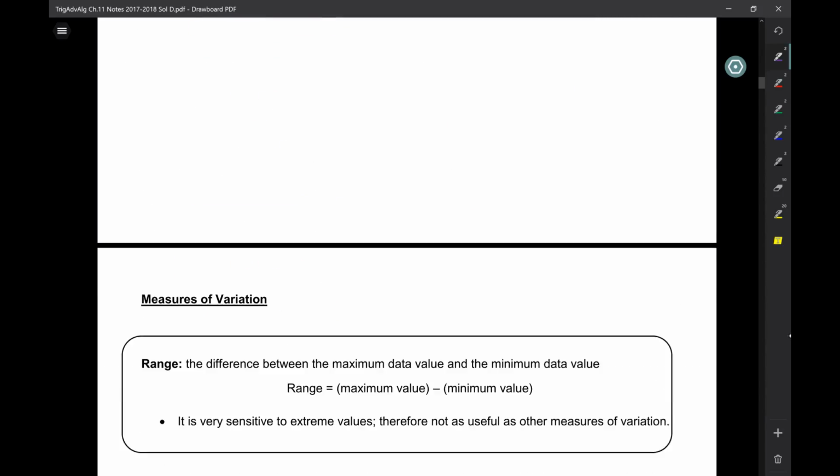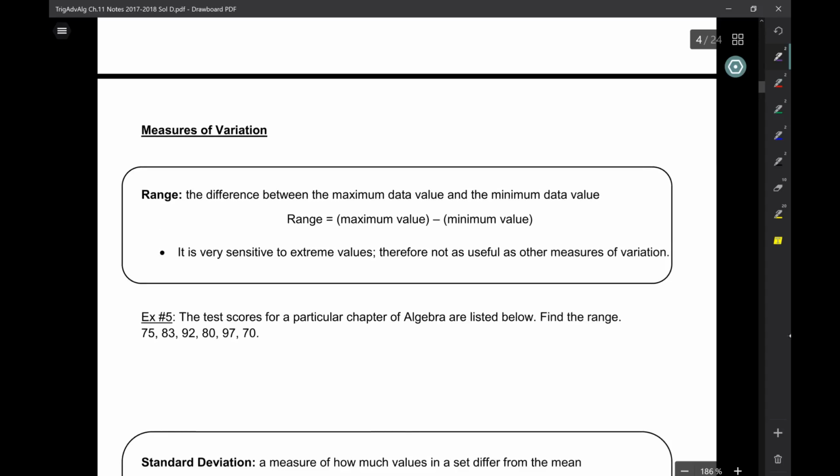Okay. Measures of variation. Now here's another important piece of information. More than what the average is on a test, sometimes we want to know how big is the variation.